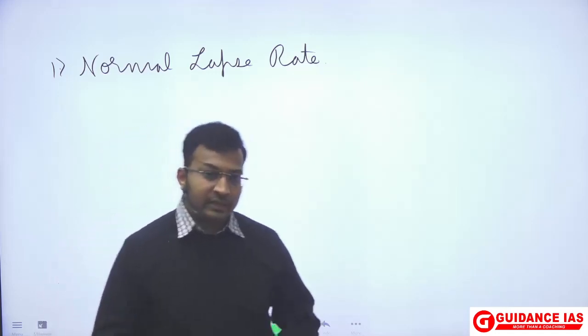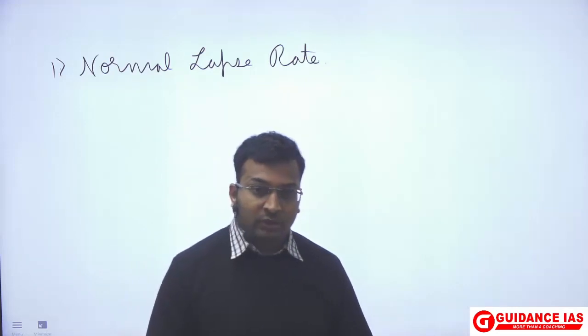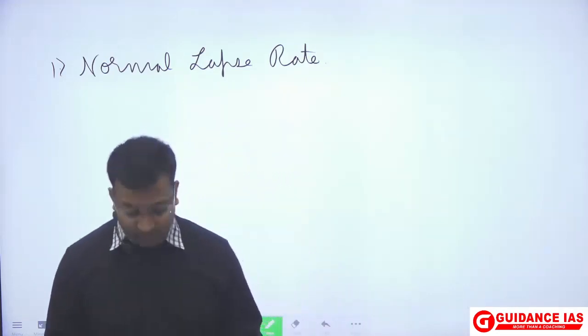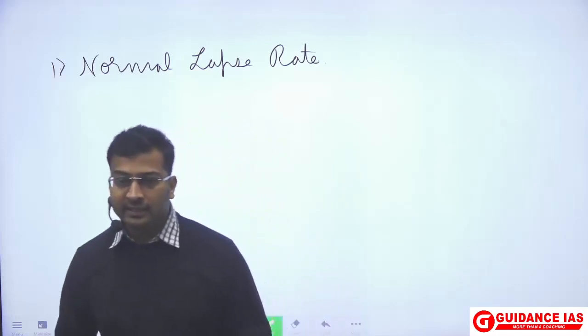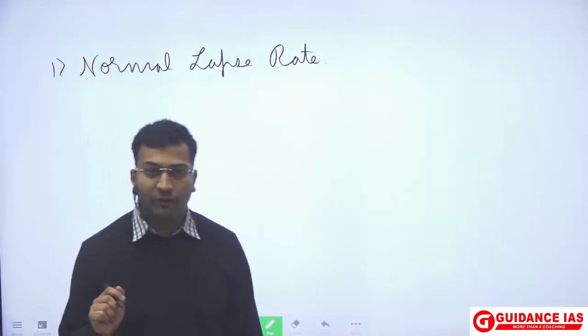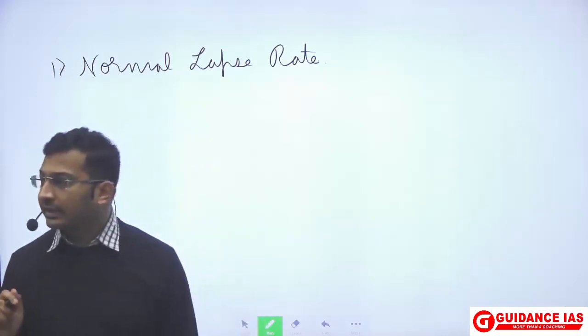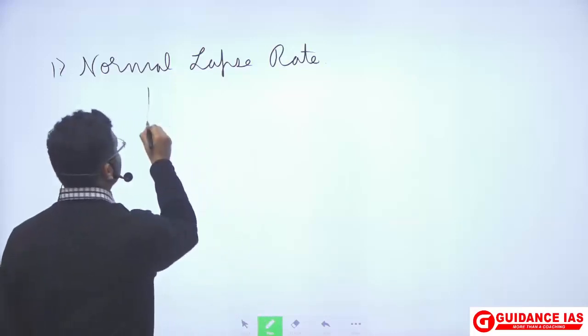This phenomenon is observed almost at all the places over the Earth's surface. The temperature decreases at an average rate of 6.5 degrees Celsius per kilometer.